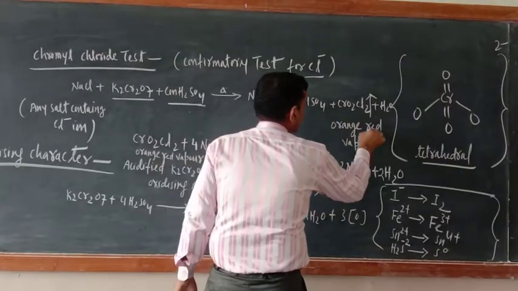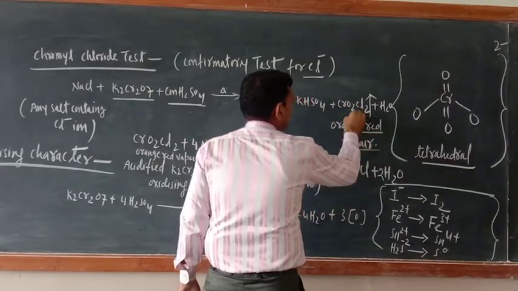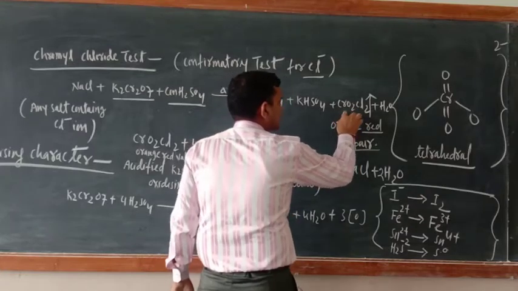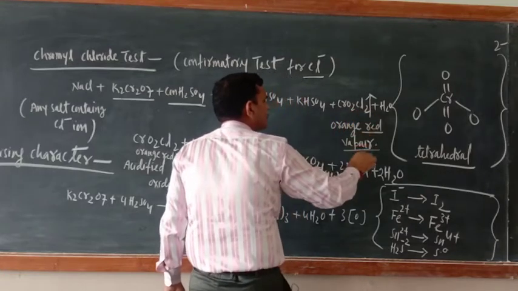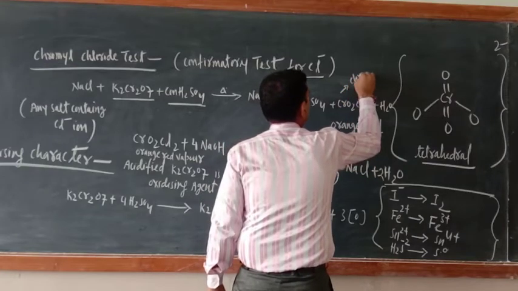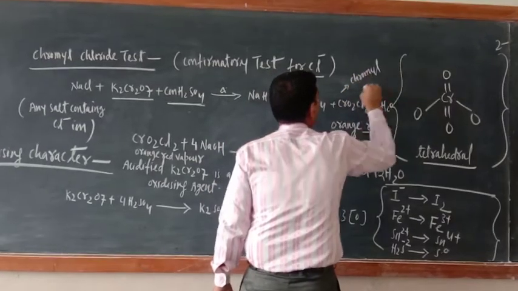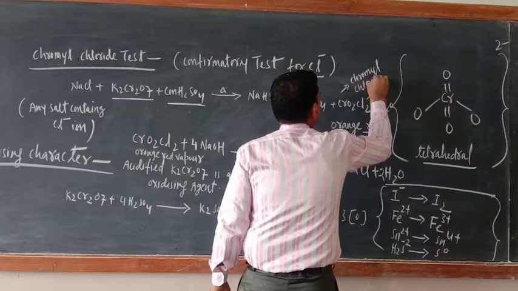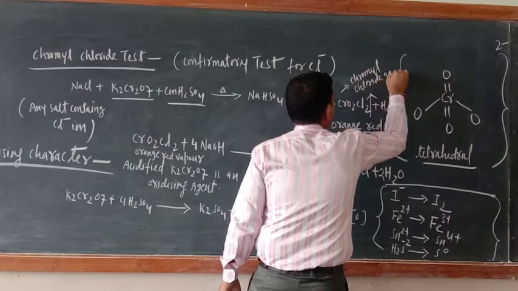This is orange red vapor you will get, orange red vapor of chromyl chloride. This is CrO2Cl2. What is the name of this one? Chromyl chloride gas.